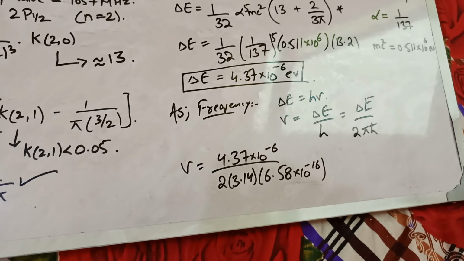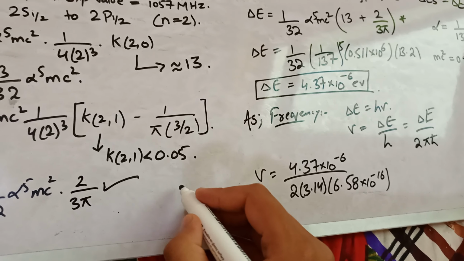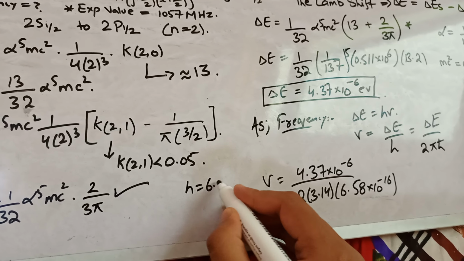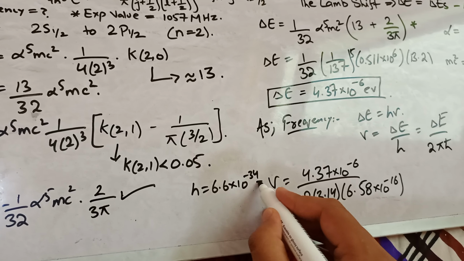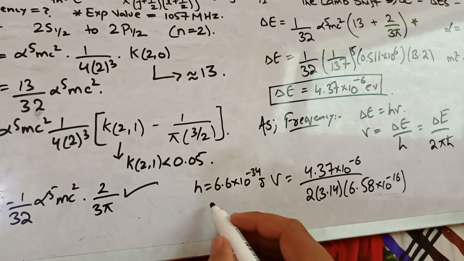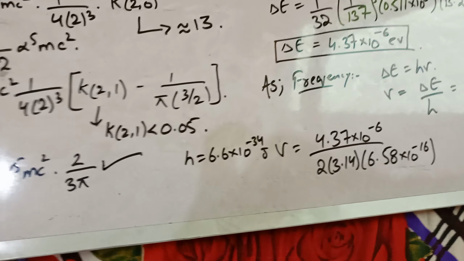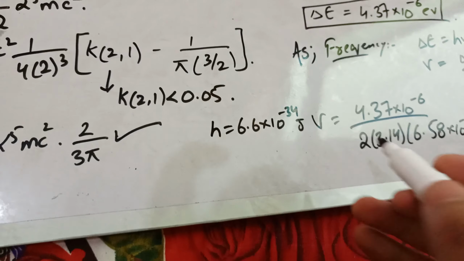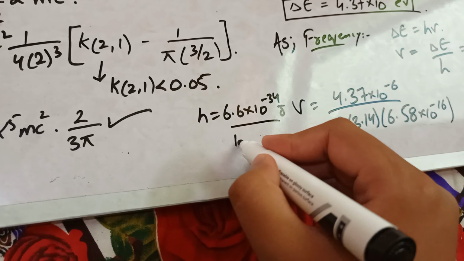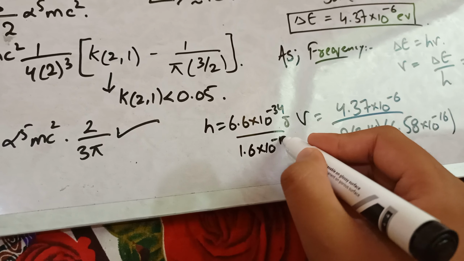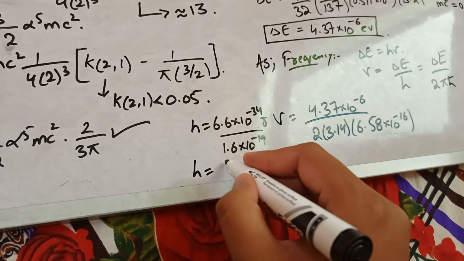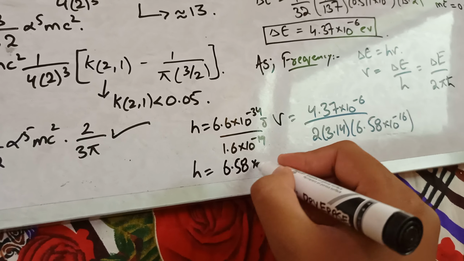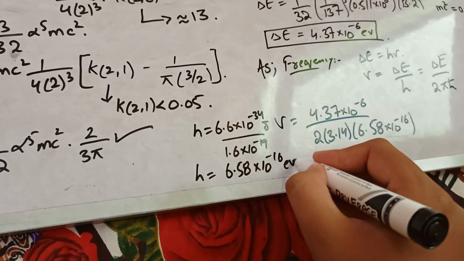Because you know that h equals 6.6 into 10 raised to power minus 34, which is in joules, you have to convert it into electron volts. You just divide by 1.6 into 10 raised to power minus 19, and you will get the h-bar value, 6.58 into 10 raised to power minus 16 electron volts.